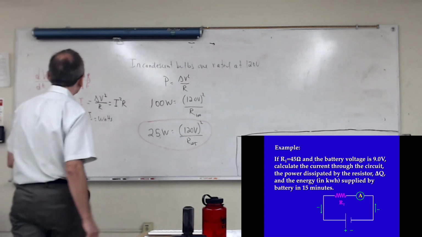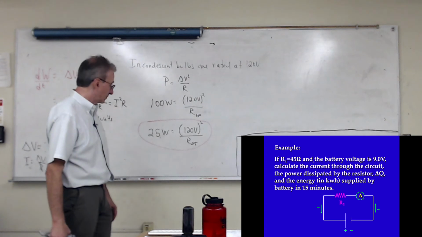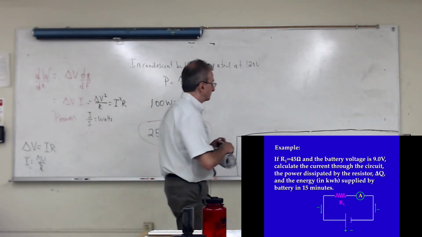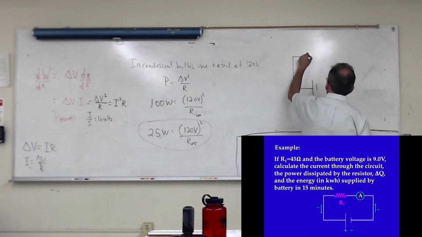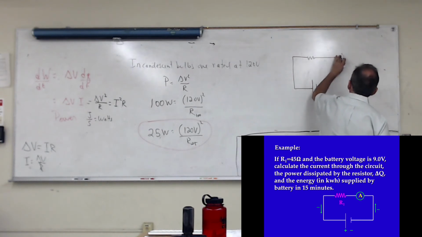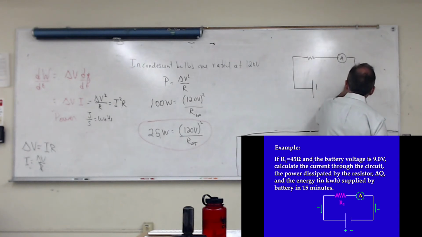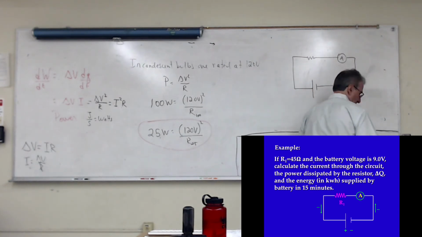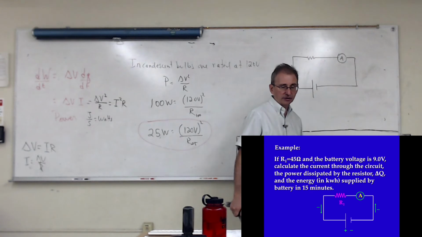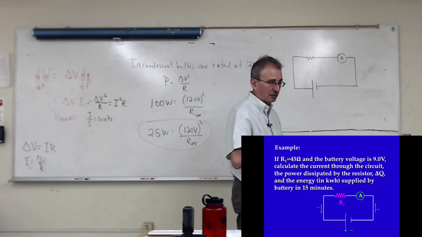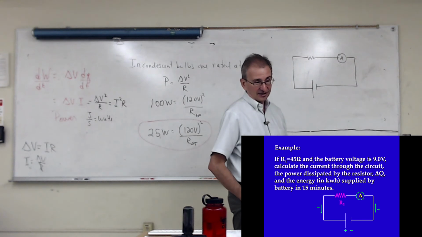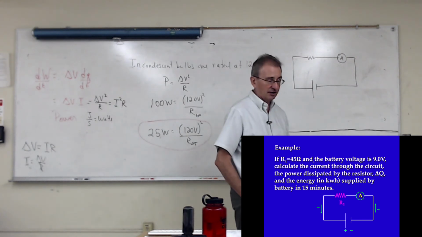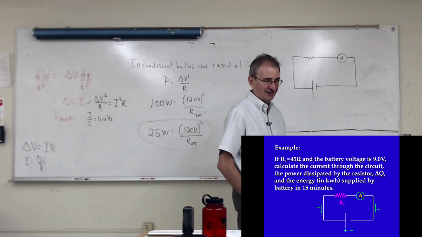Okay, so let me draw the circuit. So we have a 45 ohm resistor in a circuit. We're going to be measuring the current. Oh yeah, by the way, one of the big errors I saw in the multimeter quiz was students putting the ammeter in parallel. Never do that. Luckily, the 10 amp scale on our multimeter is not fused.